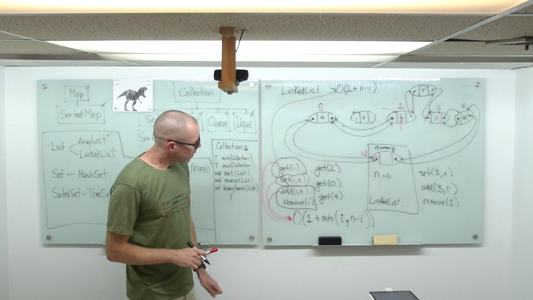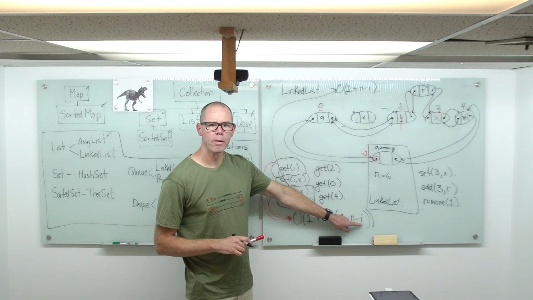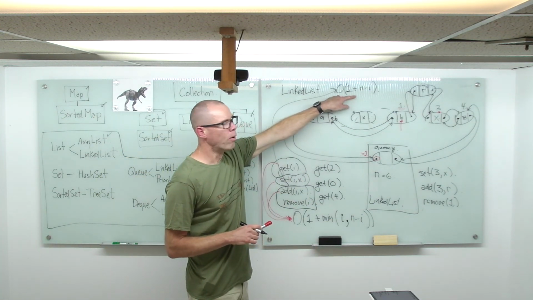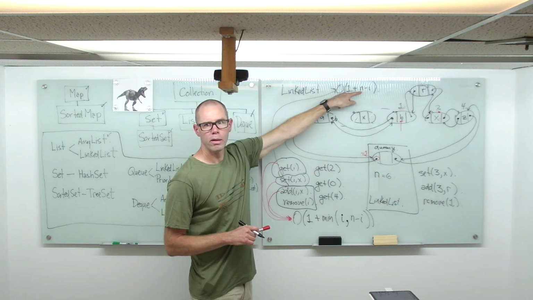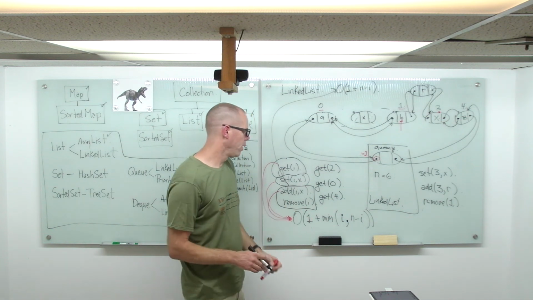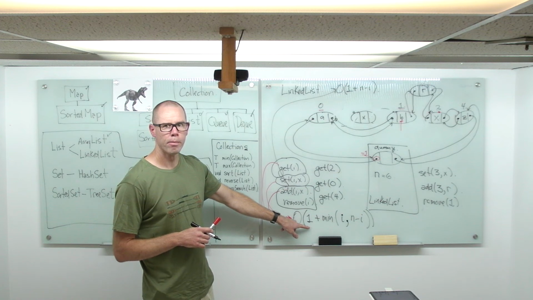In a linked list, they have 1 + min(i, n - i). This was very slow when i equals 0. When i equals 0, then this is 1 + n. Every element in the list has to be shifted. Here, when i equals 0, this is just constant time.